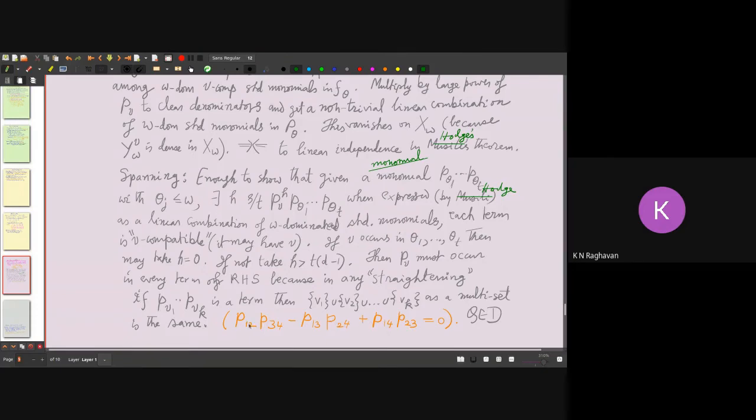So more generally, of course, you can have P1,2 into P1,5 into P3,4, etc., some other complicated thing. But you look at all the V's that occur in every term and look at their union as a multiset. That multiset doesn't change. That is, if 1 occurs 100 times in one of these, then it will occur 100 times also in this, and 100 times here, and similarly for 2, and similarly for 3, and so on.